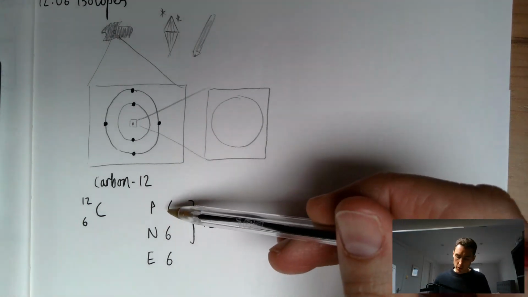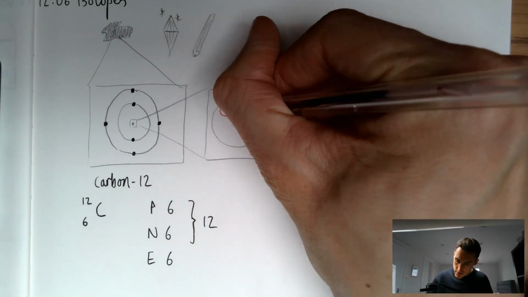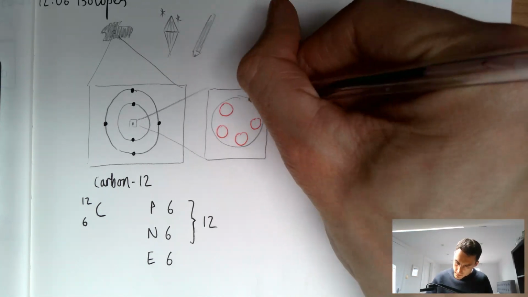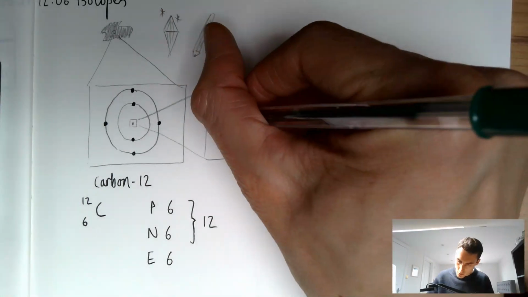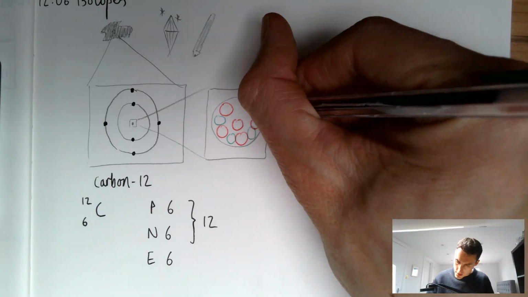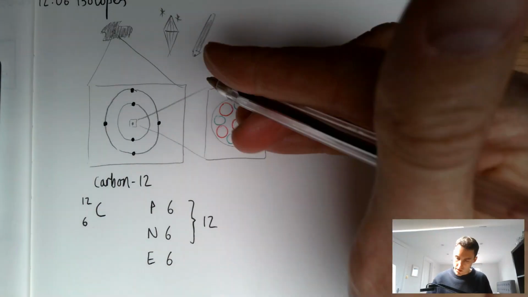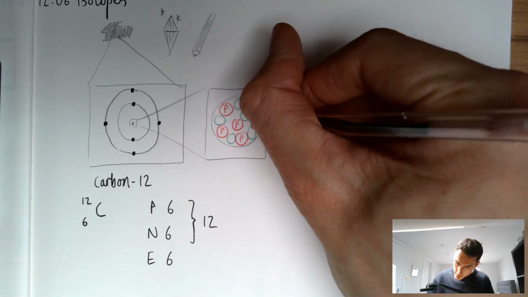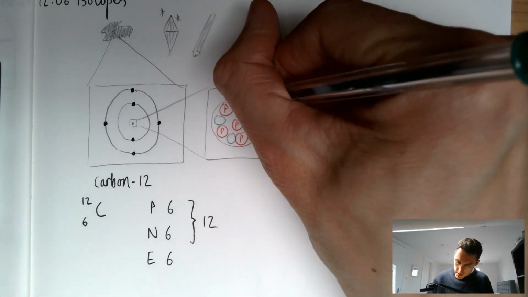Because of this notation, carbon-12 must have 6 protons, and 6 neutrons as well: 1, 2, 3, 4, 5, 6. I can even label these just to make it really explicit. And you can tell students that most of the carbon that you find in the universe looks like this.